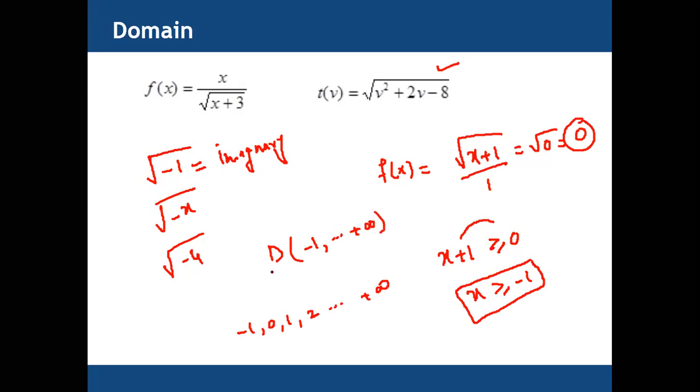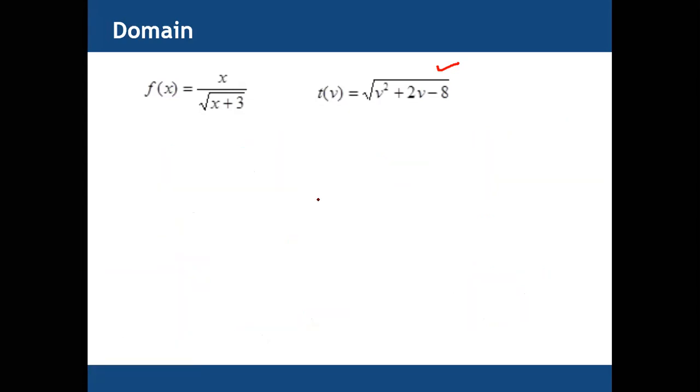Okay, again this example with a square root, you can see here t of v is equal to the square root of v square plus 2v minus 8. This one is in the numerator, so we can just write that v square plus 2v minus 8 must be greater than or equal to 0.